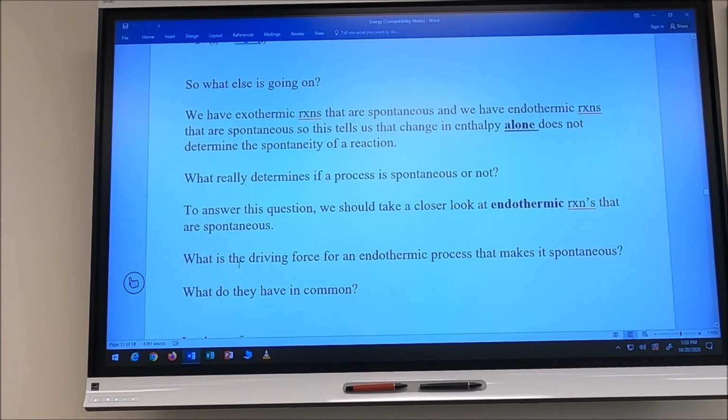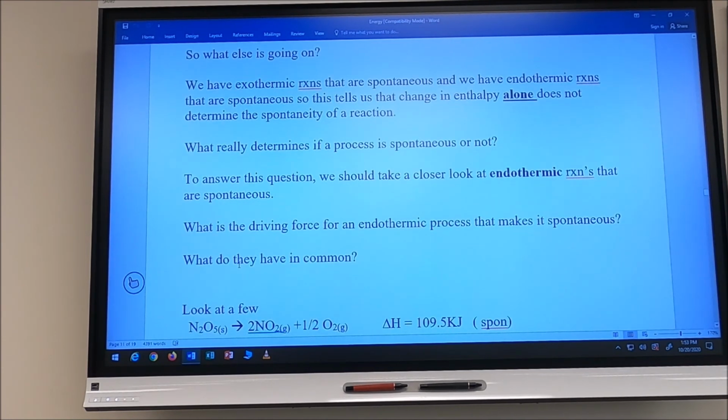The first thing we have to realize is that enthalpy alone doesn't determine spontaneity of the reaction. There are other factors. So if we look at the processes that are endothermic but spontaneous, they might help us figure out what's going on. What's driving an endothermic process to be spontaneous?